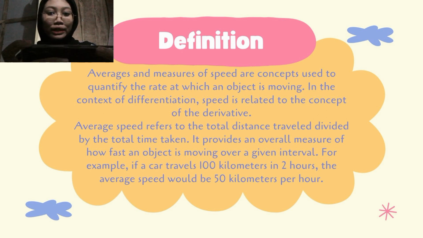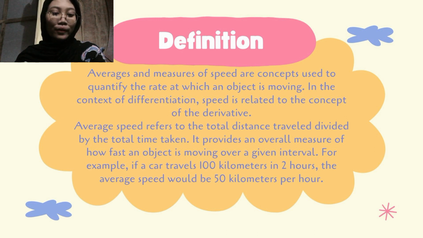Average speed refers to the total distance traveled divided by the total time taken. It provides an overall measure of how fast an object is moving over a given interval.